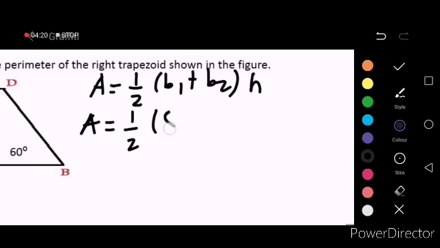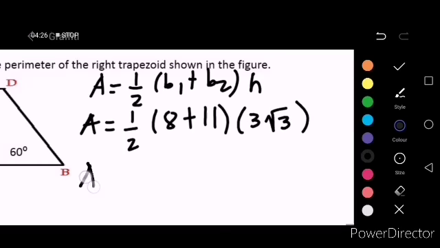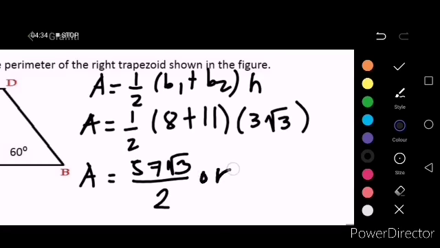Ang base 1 natin is 8, ang base 2 natin ay 11, at ang height na nakuha natin ay 3 square root of 3. By using your calculator, the area now is equal to 57 square root of 3 over 2. Or, by decimal, you have 49.36. At huwag kalimutan yung mahiwagang cm squared.